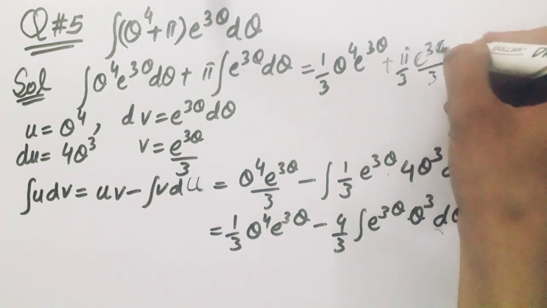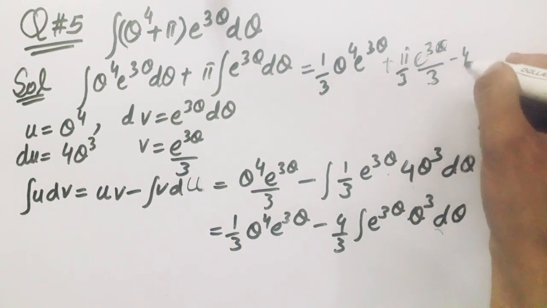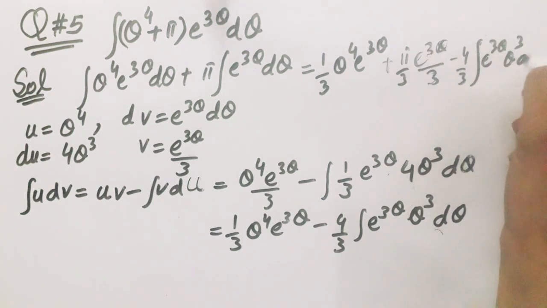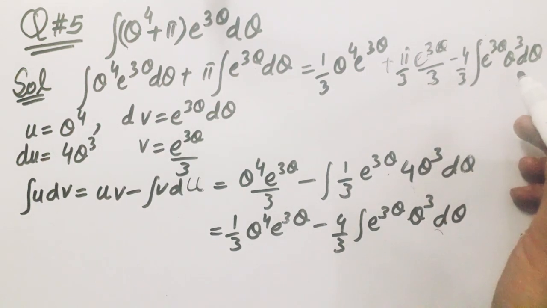So this is the value of this. Now we have to simplify minus 4/3 into ∫ e^(3θ) θ³ dθ. So again we will apply here the formula of integration by parts.